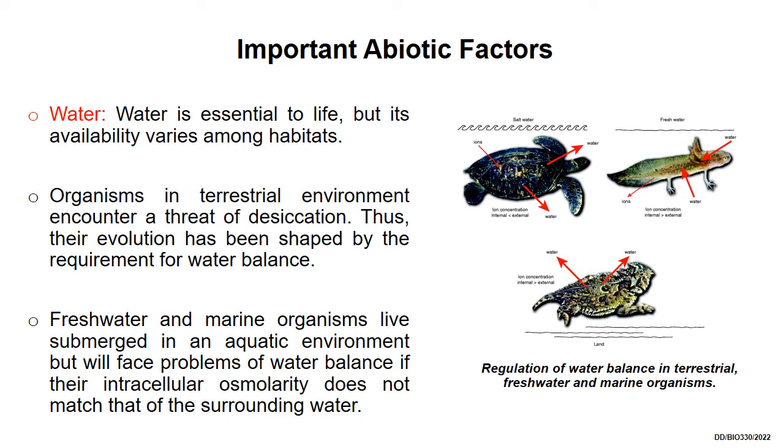But whether in terrestrial environments or marine or freshwater, organisms have had their evolution shaped by the requirement for water balance. They have some evolution or adaptation shaped by the requirement for water balance.